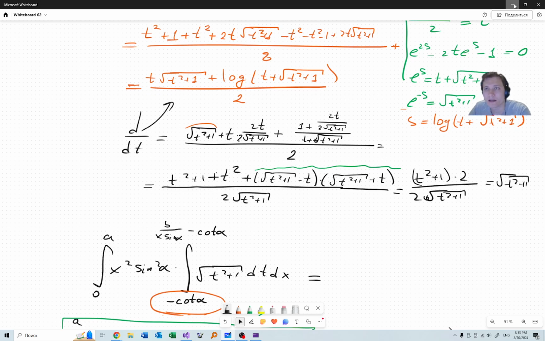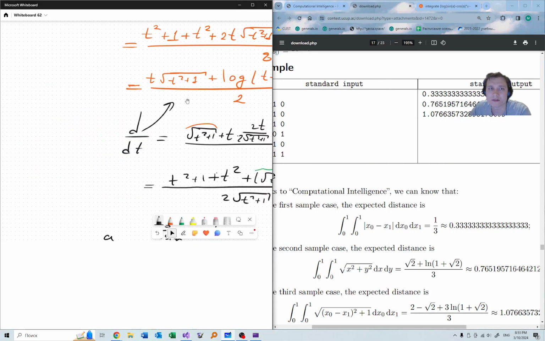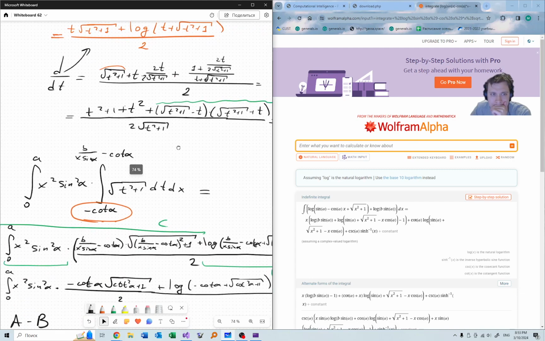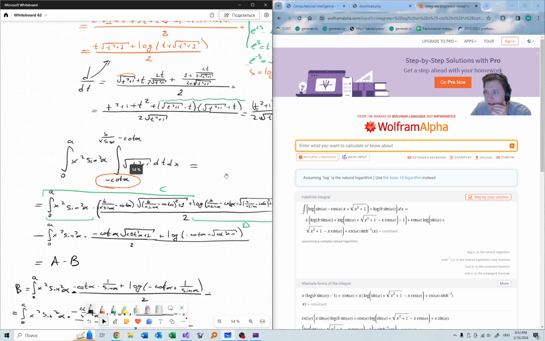Okay, I think we will need Wolfram to do it. Because it's just madness.